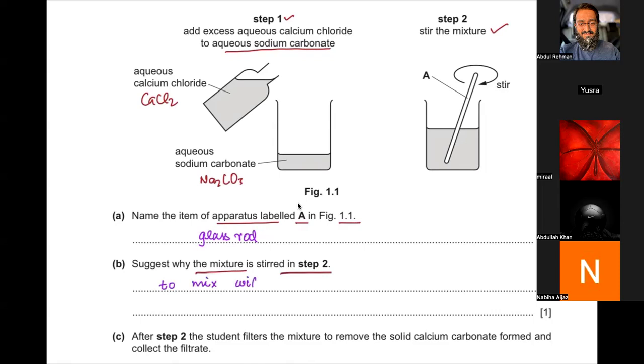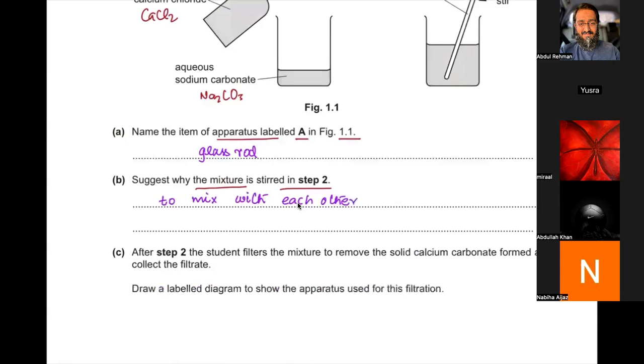Now, next part. After step 2, the student filtered the mixture to remove the solid calcium carbonate formed and collect the filtrate. Draw a labeled diagram to show the apparatus used for this filtration. Whenever you have to filter something, you are going to make a conical flask.